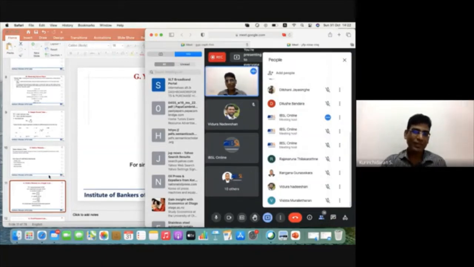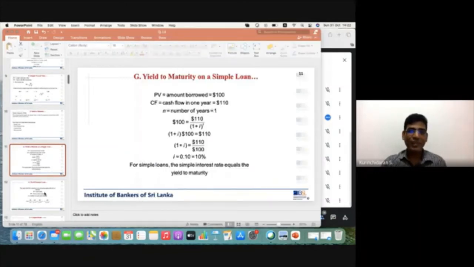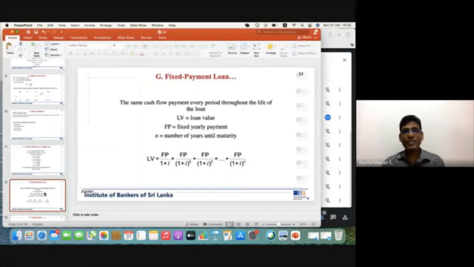Thank you. So then, when it comes to a fixed payment loan, this is the one you usually use: maybe term loans, personal loans, housing loans. Whatever the issue is, the pattern might be the same.